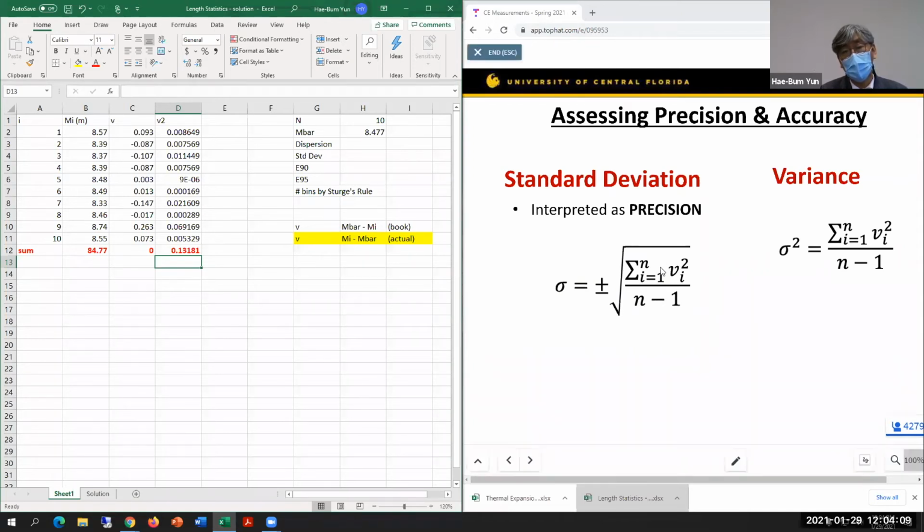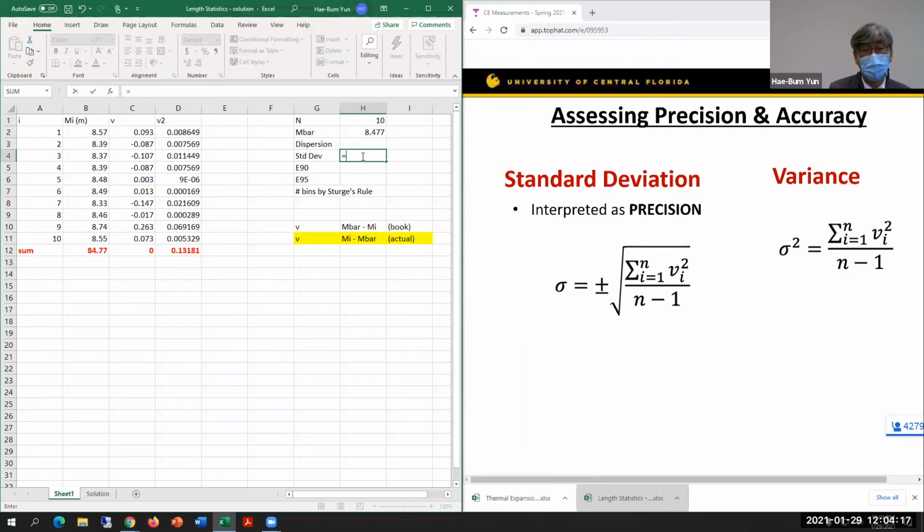And how we can calculate the standard deviation. Standard deviation can be calculated as the square root of this one divided by n, which is 10, minus 1.